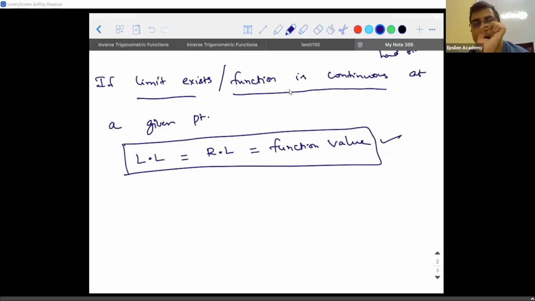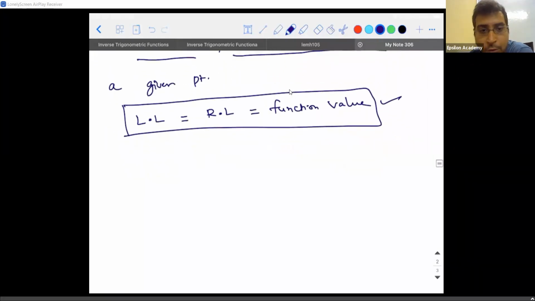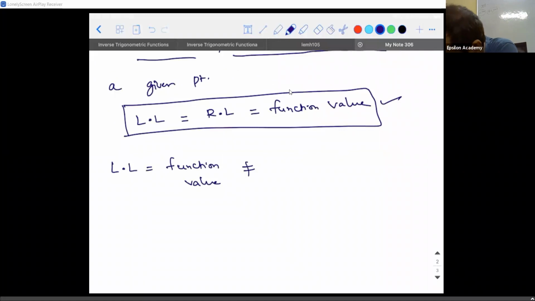So sometimes you will have this kind of a scenario. It is not necessary that always left limit is equal to right limit is equal to function value. Sometimes you can have a scenario like this: left limit is equal to function value, but not equal to right limit. So this can be called left continuous or right discontinuous.